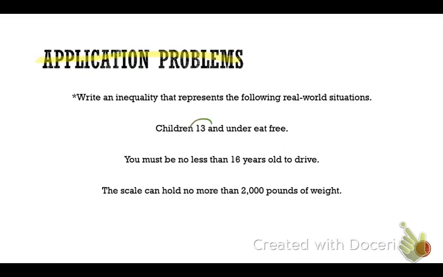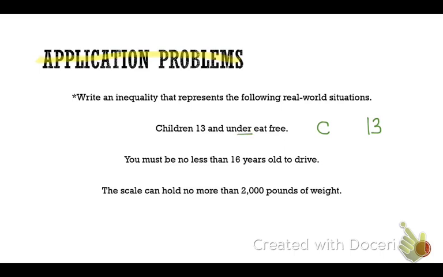Children 13 and under eat free. So it's always going to give you this cutoff value. Okay, so children, and my 13 is my cutoff value. So do the ages need to be less than 13, greater than 13, equal to, in order to eat free, according to this scenario?